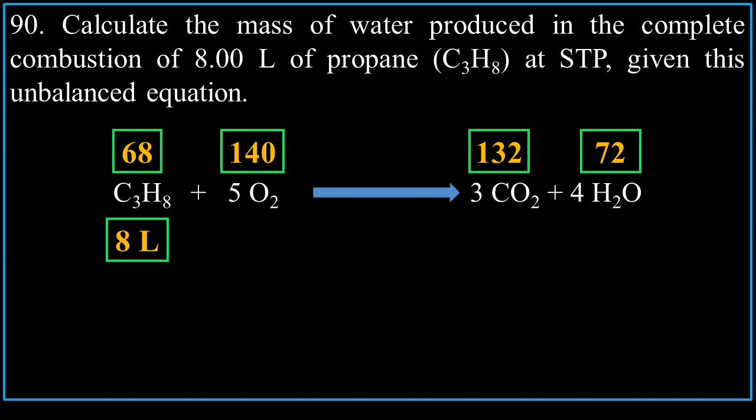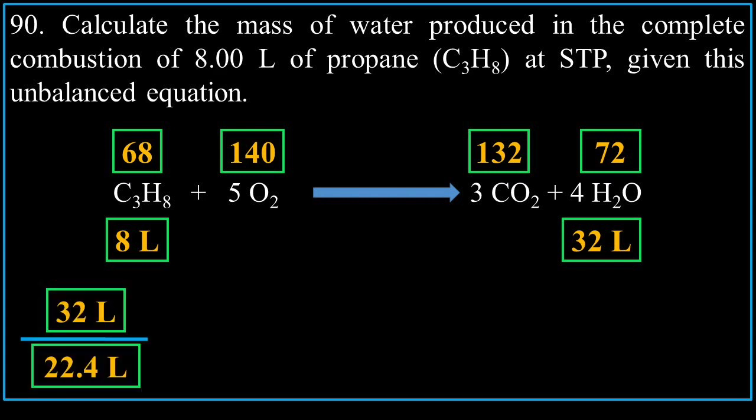So 4 times 8 is 32 liters of water. Now, if it's 32 liters of water, and each mole is 22.4 liters, so it'll be 32 liters divided by 22.4 liters, which is going to be 1 point something moles.